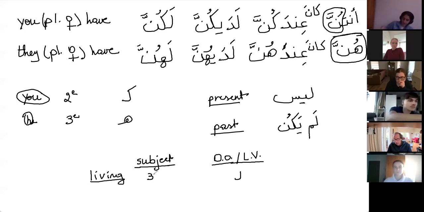Another example is a house that has 2 bedrooms: bayt fīhi ghurfatayn nawm. Al-bayt fīhi matbakh. In these sentences, bayt is non-living, so my subject is non-living. That's why I need to use either fīhi, fīhā, or lahu, lahā. I would use fīhi and fīhā if the object is inside the subject.